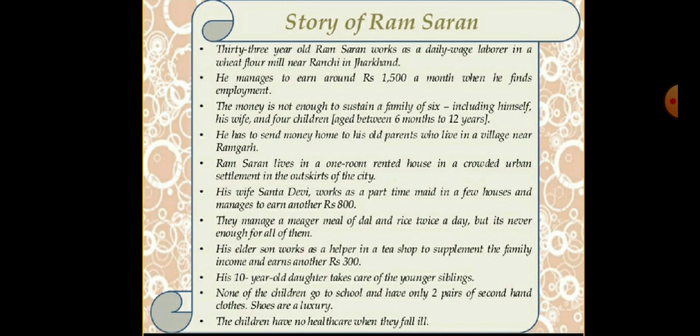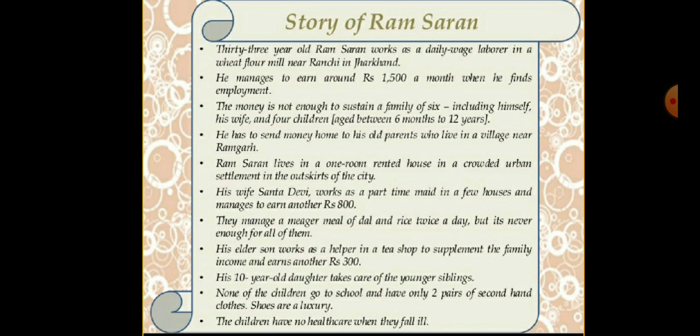The money is not enough to sustain a family of 6 members: he himself, his wife and 4 children. And he has to send money to his home also, where his parents live, in the village of Ramgarh.